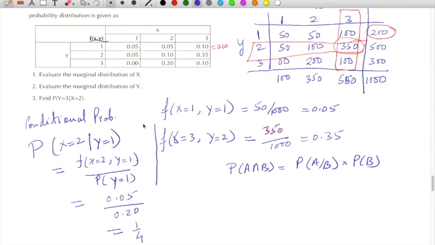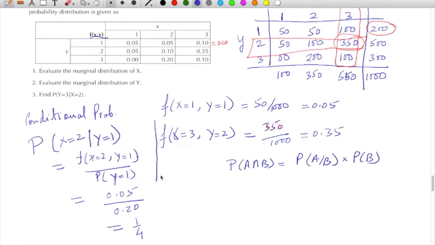Now come back to the example. What is the marginal distribution? What is the probability of getting x as 1? Getting x as 1 covers all three conditions which may occur: x is 1 when y is 1, or x is 1 when y is 2, or x is 1 when y is 3.